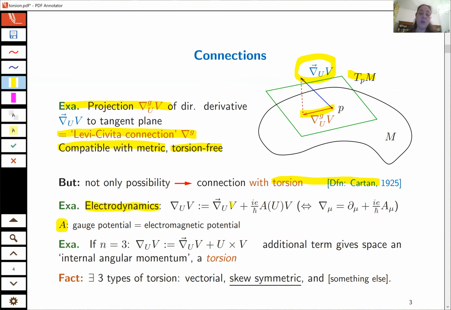Namely, you take the first part as usual, and then you add something which depends on the gauge potential: you evaluate the one form on the vector field u, and this is a function, then you multiply it with the vector field v, and then you have some constants to add, just to ring the bell in your mind what kind of connection I might be speaking of.